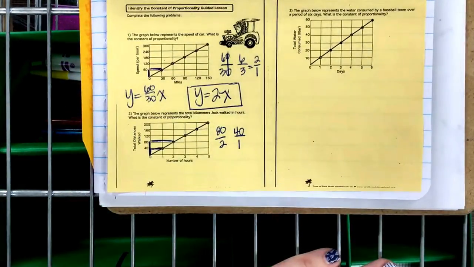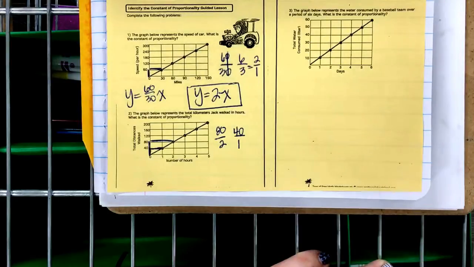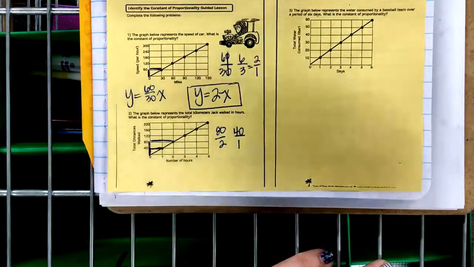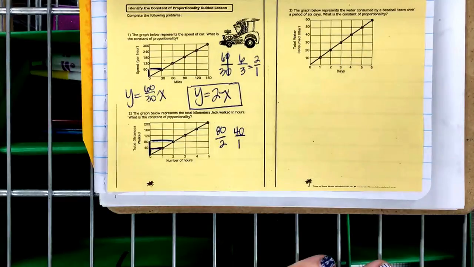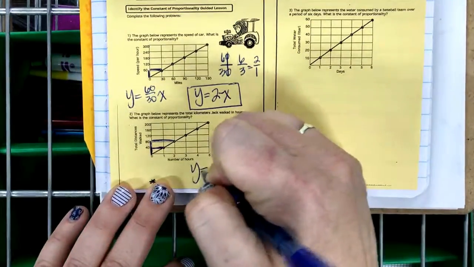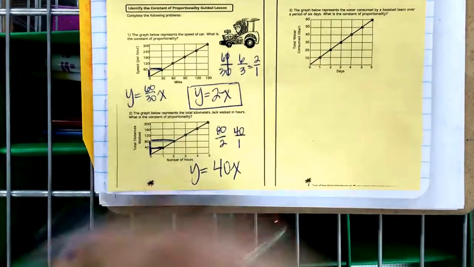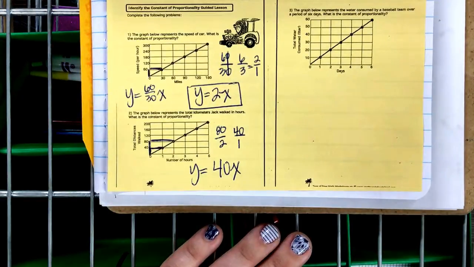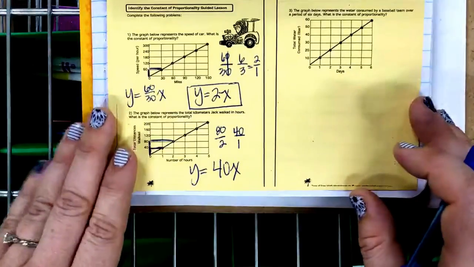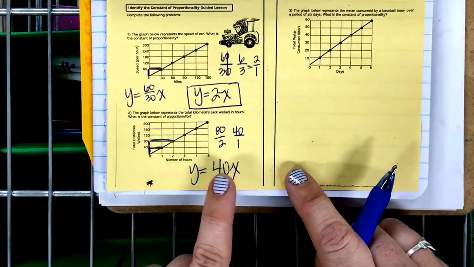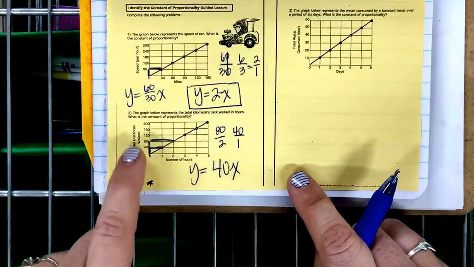Because they're what? They're equivalent fractions. They mean the same thing. Are either of those the final answer? No. 80 over 2 simplifies, and so does 40 over 1. What do they simplify to? So my equation is y equals 40x. Meaning if I take my x value and multiply it by 40, I will get my y value.